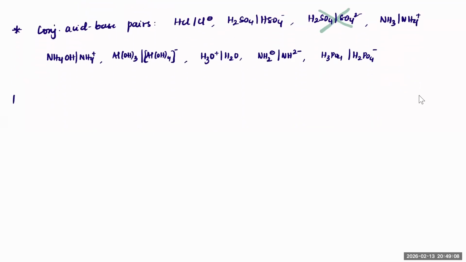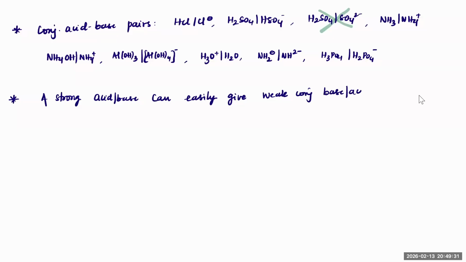The next point you need to remember from ionic is that a strong acid or a strong base can easily give a weak conjugate base or acid.